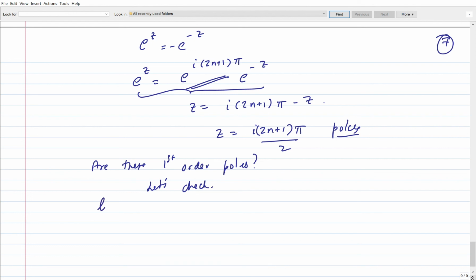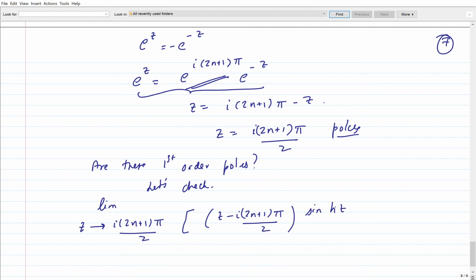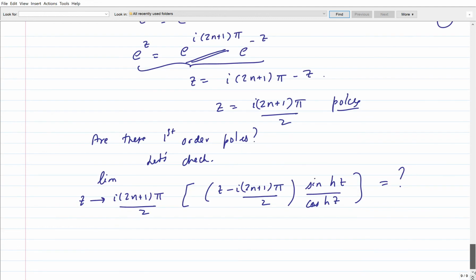So I get the limit z goes to iota (2n plus 1) pi by 2 of z minus iota (2n plus 1) pi by 2 times sine hyperbolic z over cosine hyperbolic z. What is that?